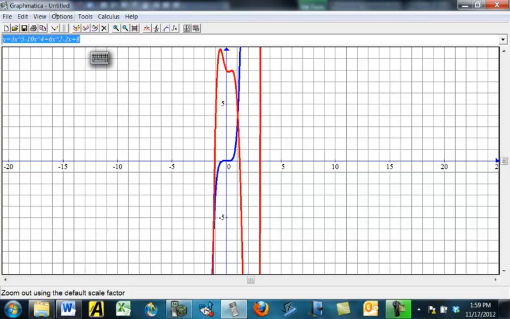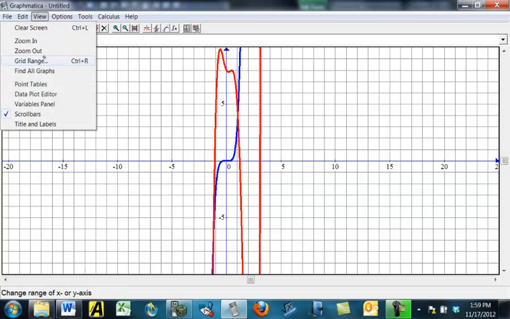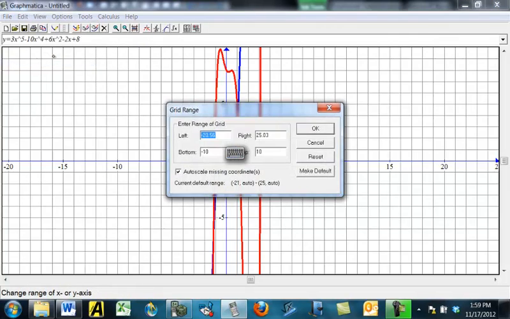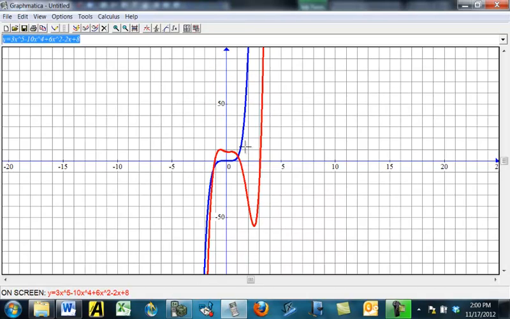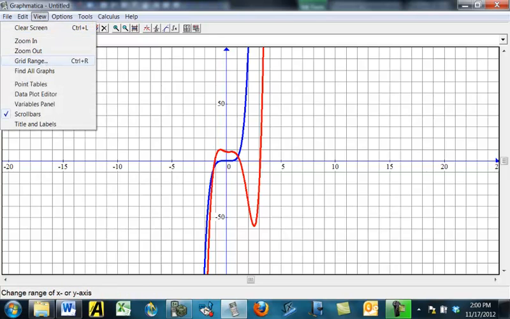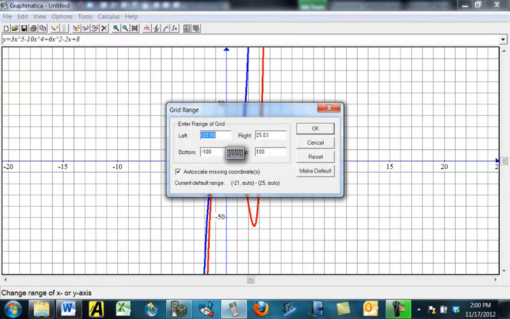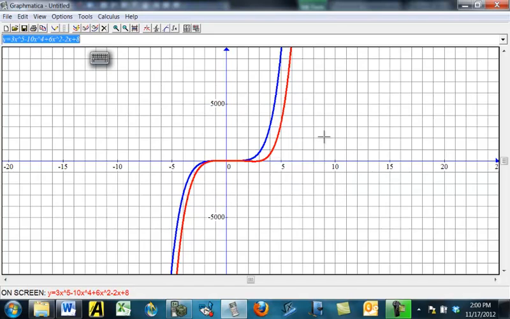But look what happens when I zoom out a bit. Okay, so we're going to come back to the detail in a minute. But what if I go from minus 100 to 100 for y's? Still, you can see quite a bit of difference in the two. But let's go even further out. Minus 10,000 to 10,000. Now what do you see?